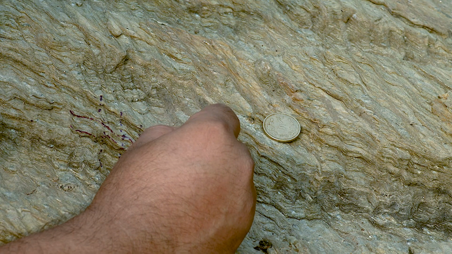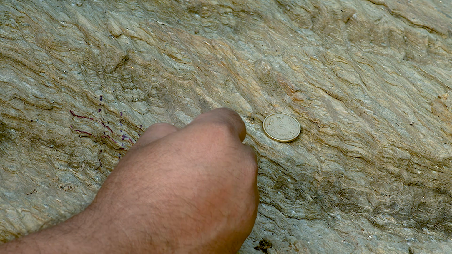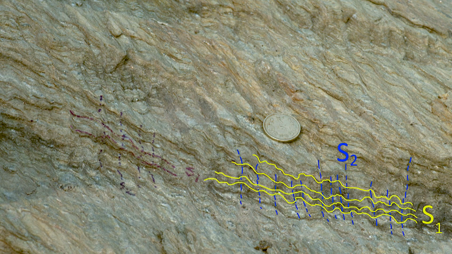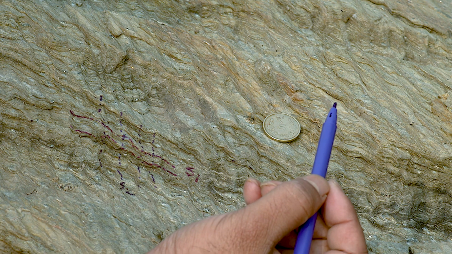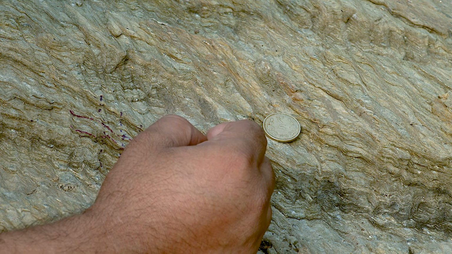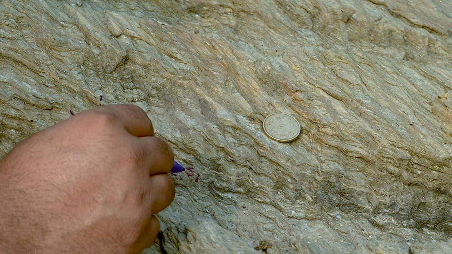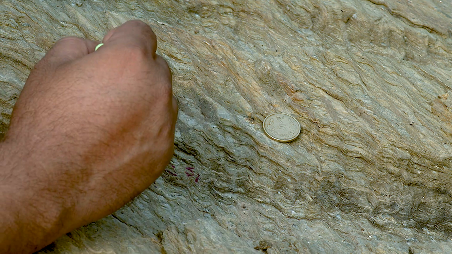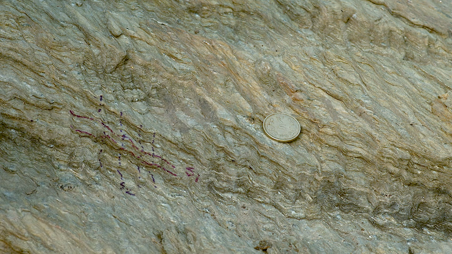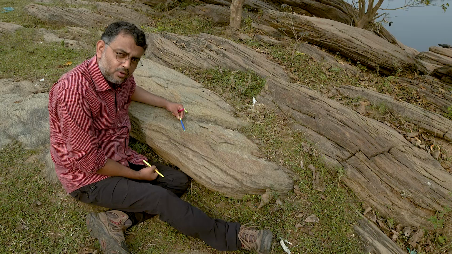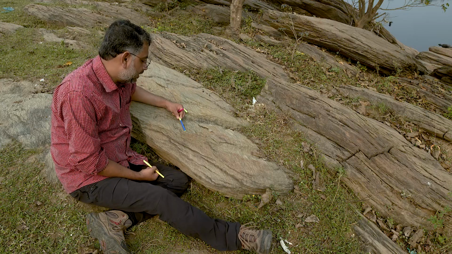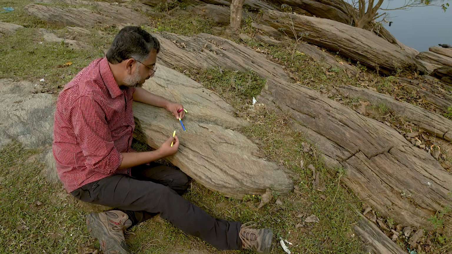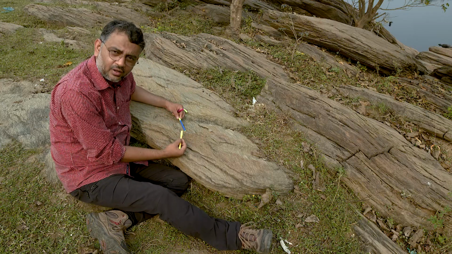So, these were S1, primary foliation, and these are S2. Now, the S1, as we have understood, is continuous cleavage, but S2 here is spaced cleavage, which is being developed by the crenulation of S1.